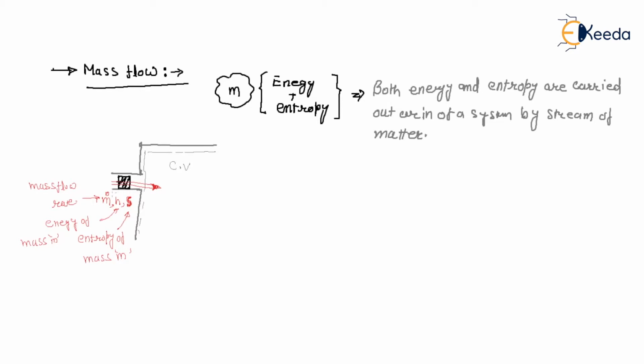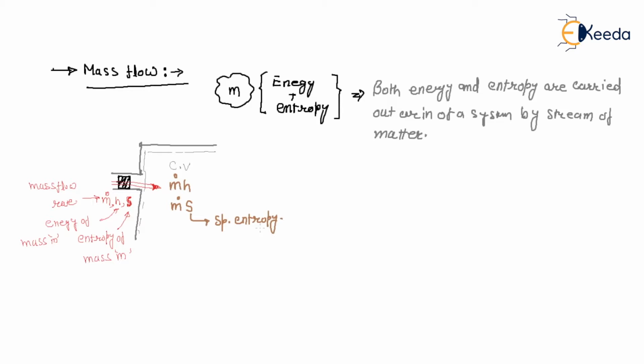So if m dot mass flows into the control volume, along with it the energy going in is m dot h, and the entropy going in is m dot s, where s is the specific entropy.